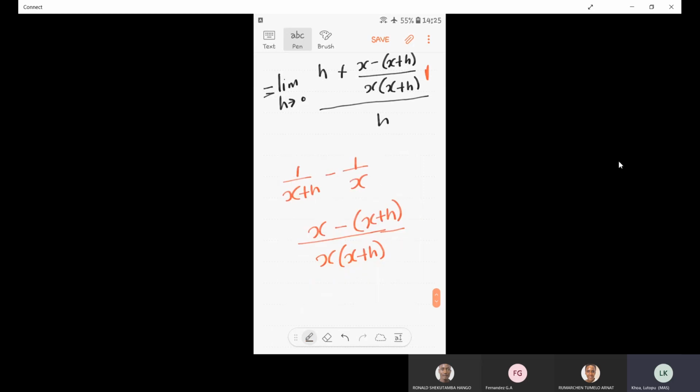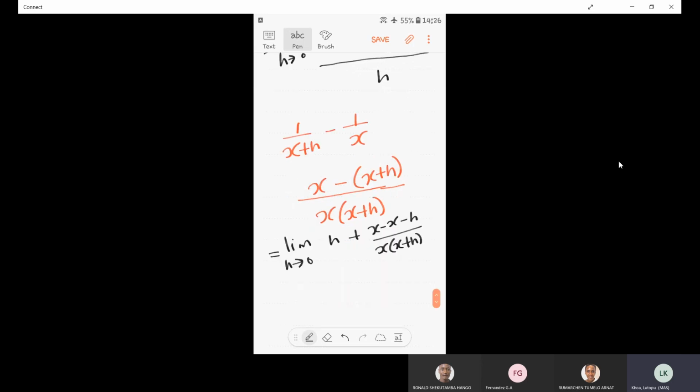Then we simplify. This is equal to the limit as h goes to 0. In the numerator I have h plus x minus h over x plus h. So you can see here this negative multiplies inside the brackets. The x will become negative and the h will also become negative.